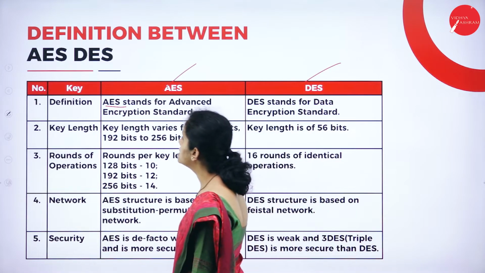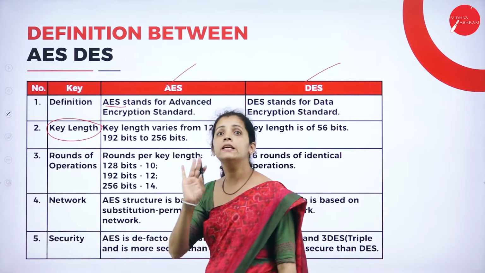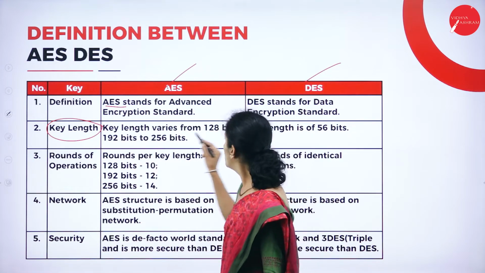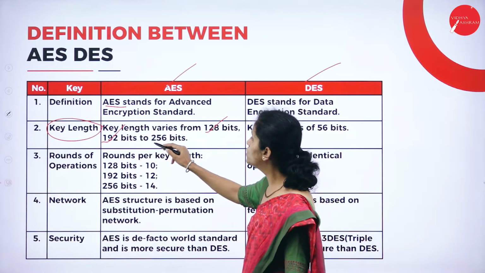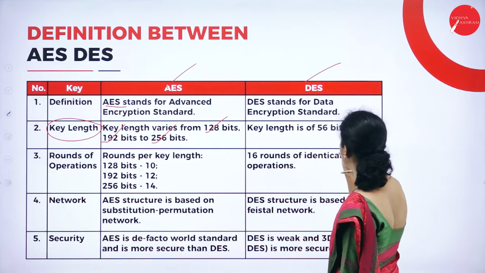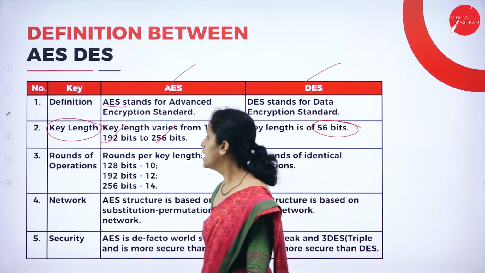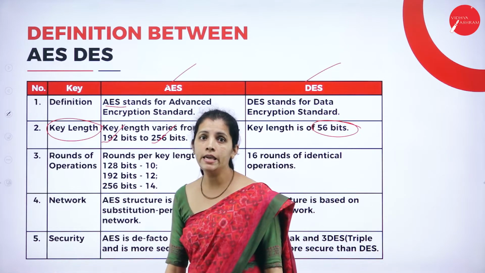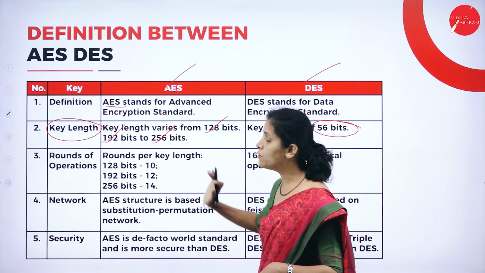If I consider the key length, AES has 3 key lengths: 128, 192 and 256. But in DES, the key length is 56 bits.